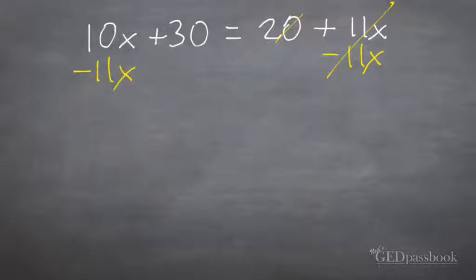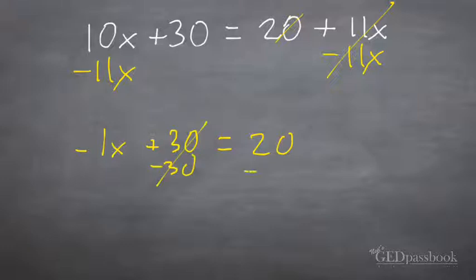What's 10x minus 11x? Negative 1x. Make sure to bring everything down step by step. What do you do now? Distribute the negative 30 on the inside. Negative 1x equals, or aka negative x, just fine, right?